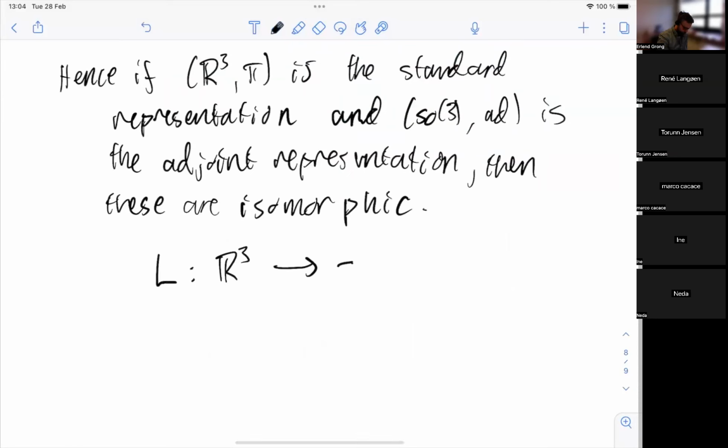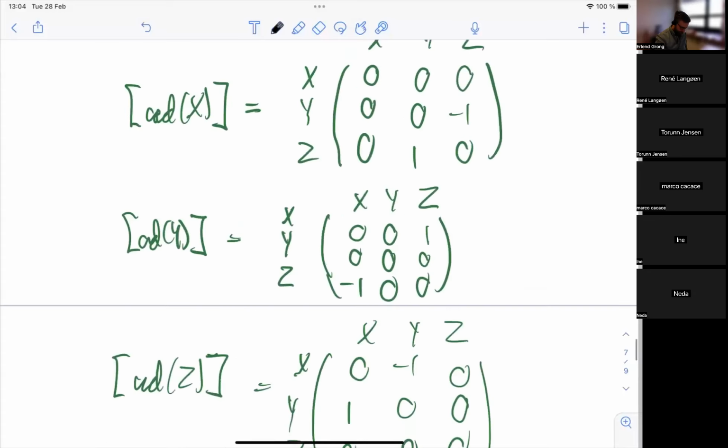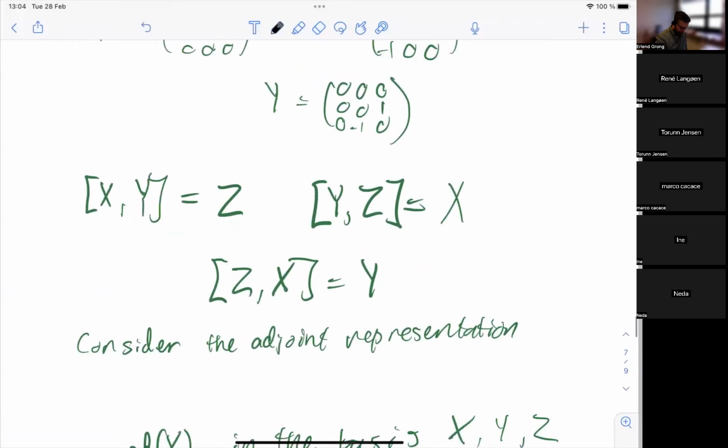More specifically, if I look at this L map, this L has to send A1, A2, A3 into, okay, and then I want X to do the same.